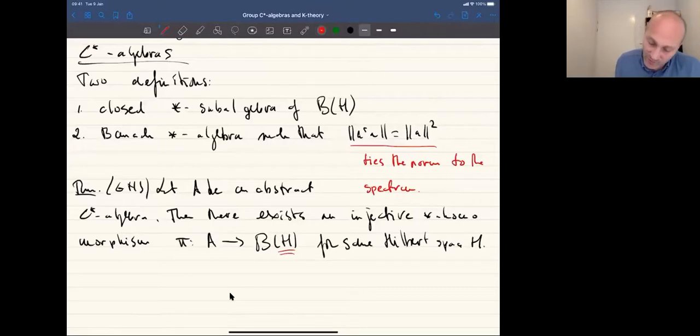So star homomorphism means algebra homomorphism that also intertwines the stars. So the abstract star in A is intertwined with the concrete operator adjoint in B of H.